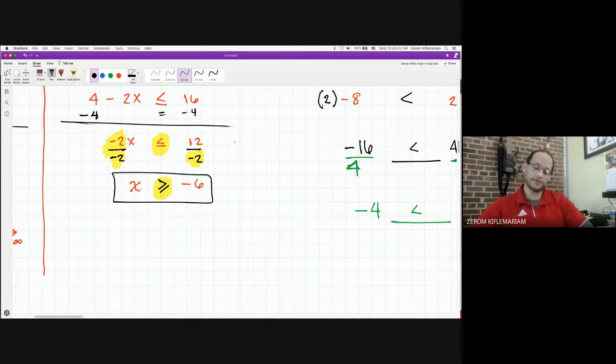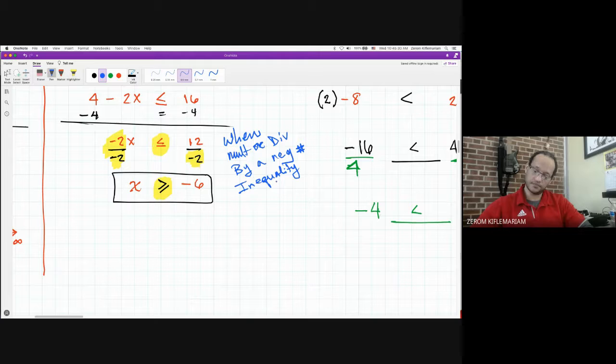So please note, when multiplying or dividing by a negative number, the inequality sign flips.